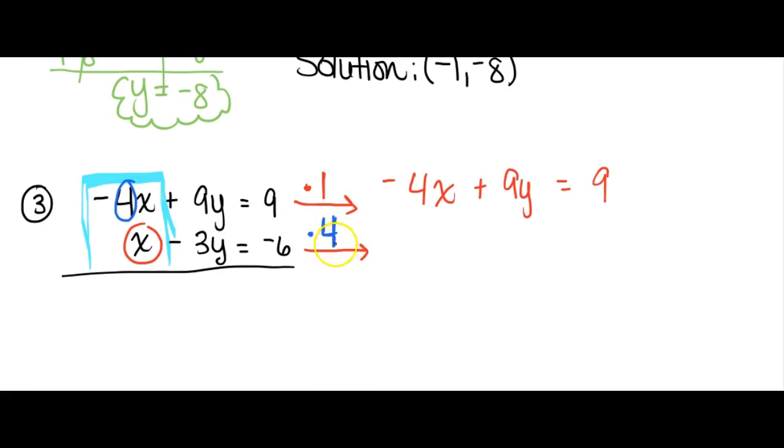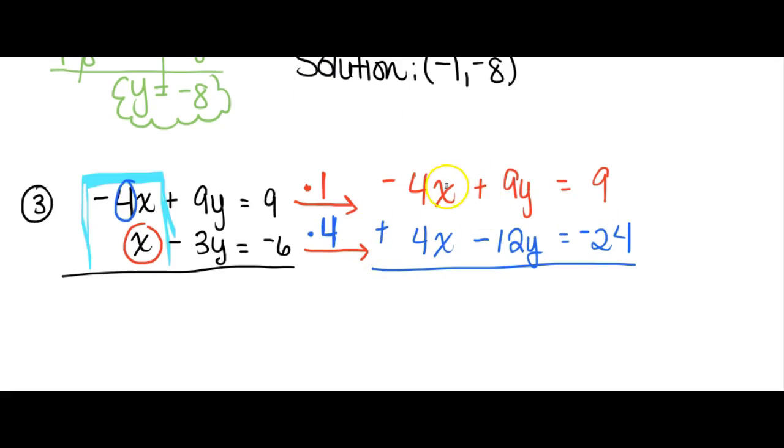Then we go to equation b. I have to multiply everything by 4. 4 times x is a positive 4x. 4 times -3y is -12y. And then 4 times -6 is -24. Remember, we want to add them.